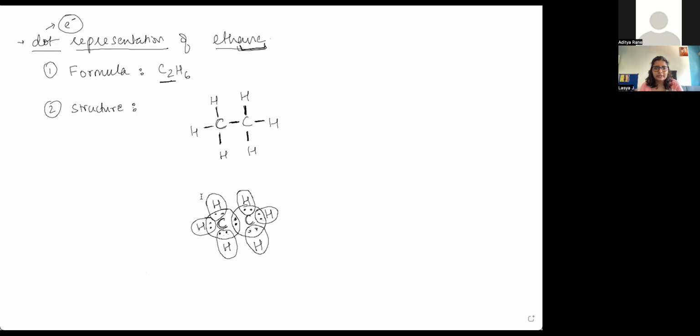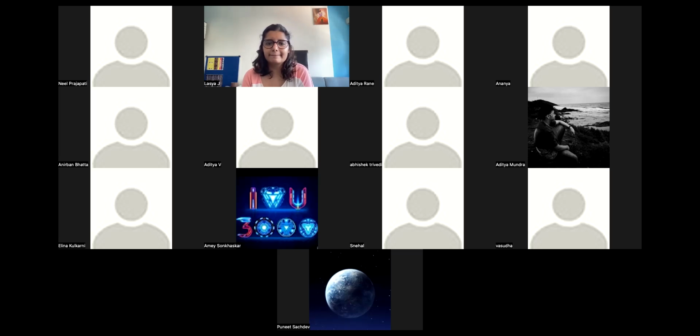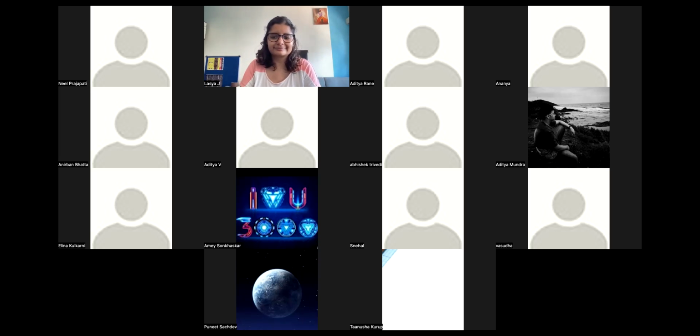Okay. Then covalent bond. Why does carbon form covalent bonds exclusively? Due to catenation and tetravalency. No, because it cannot form cations and anions. Yes. Catenation and tetravalency are why it is able to form a large number of compounds.